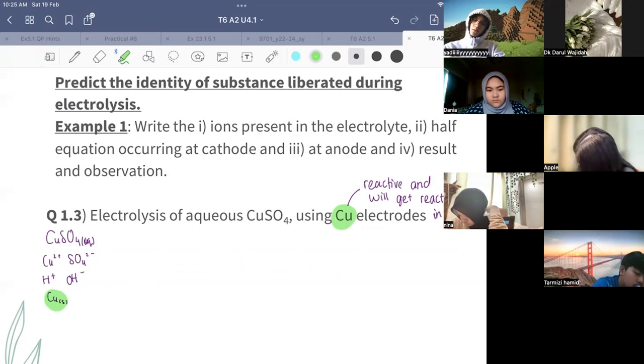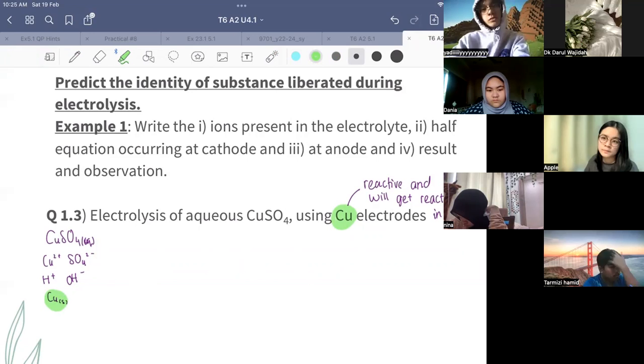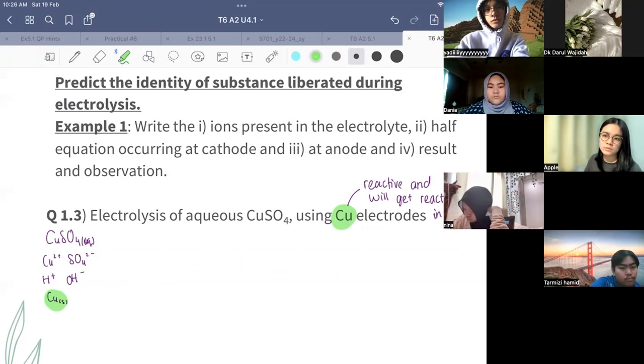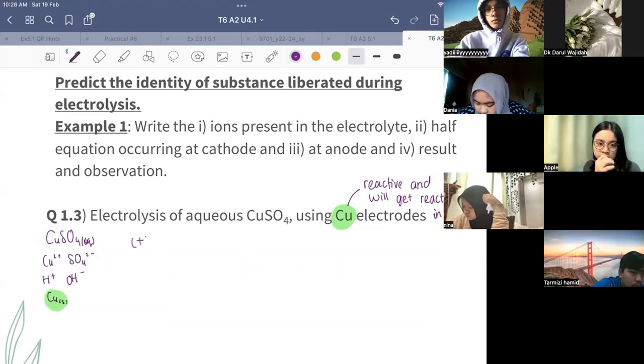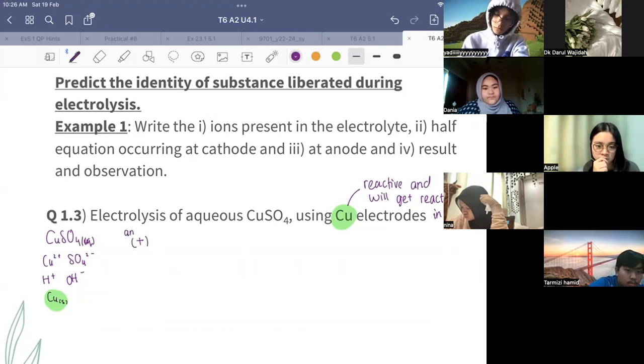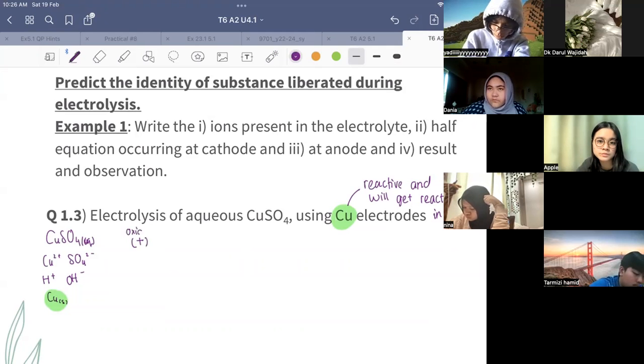Copper can only undergo reduction from copper to Cu2+. Okay, so usually reduction happens at cathode. Agree? So that means I have my positive terminal, which is anode, where oxidation is happening.